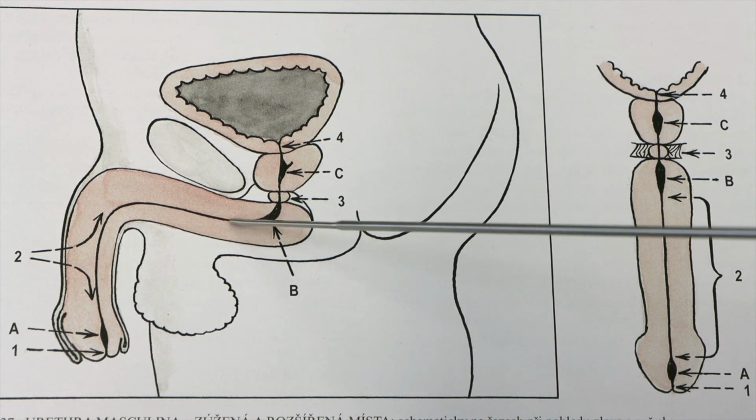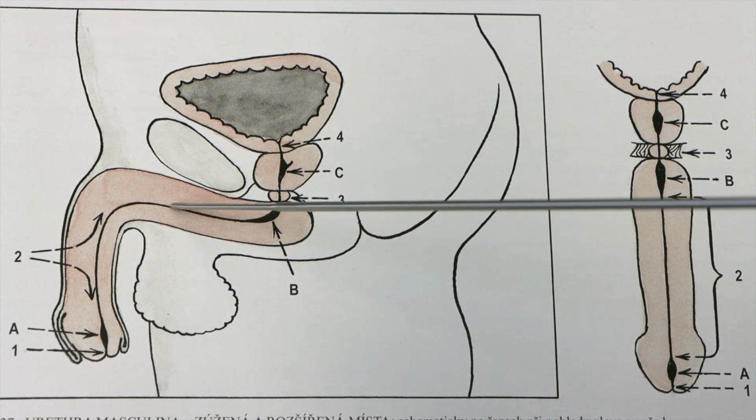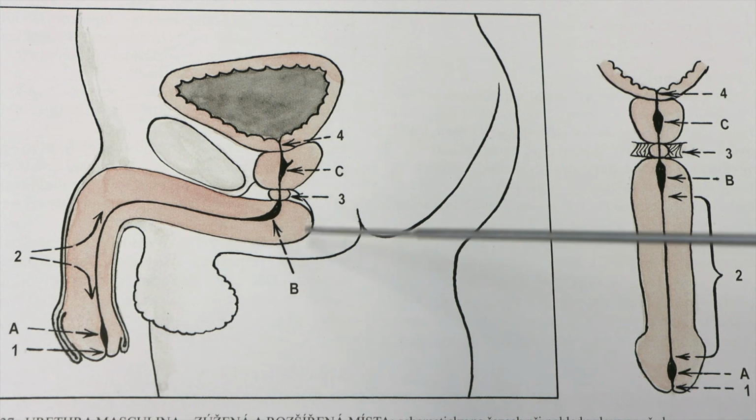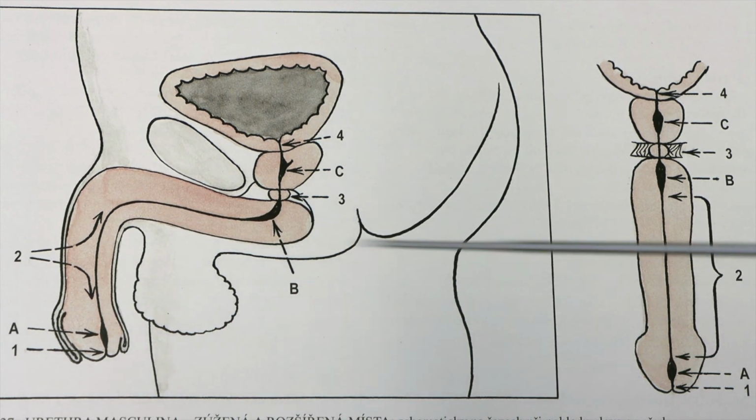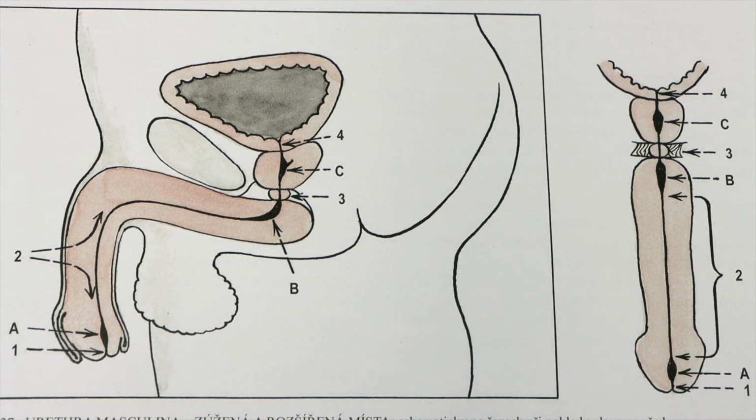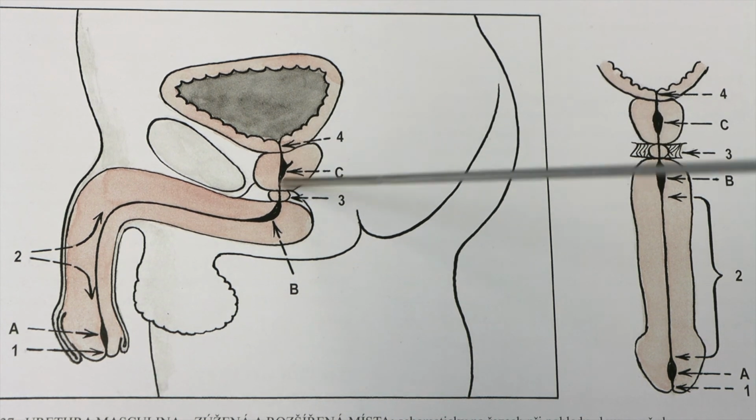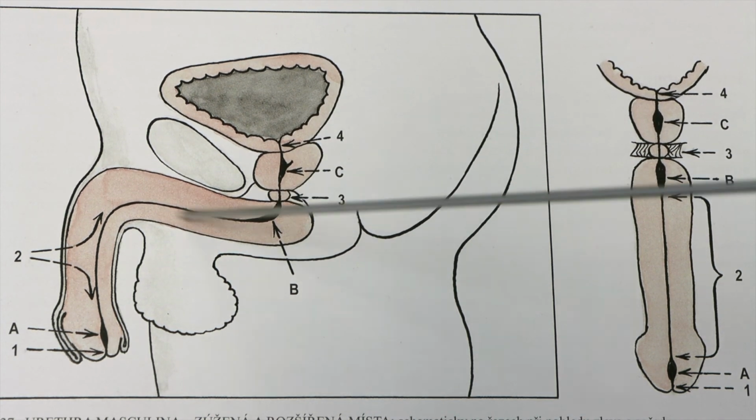And then it enters the spongy part of the penis. That's why this part is called the spongy part of the urethra, which is approximately 15 centimeters in length. So the main four parts of the urethra are intramural, prostatic, membranous, and spongy.